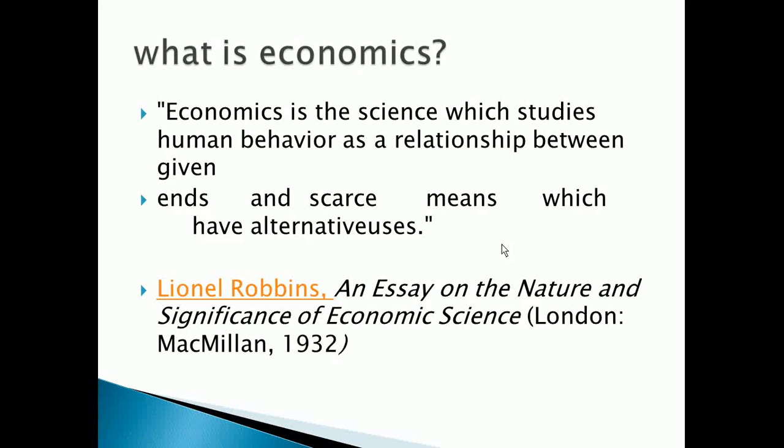Therefore, in a normal world, resources are never sufficient. In any economy, resources are never enough. An individual is referred to as a rational consumer who wants to utilize the scarce resources to the best of his own satisfaction.